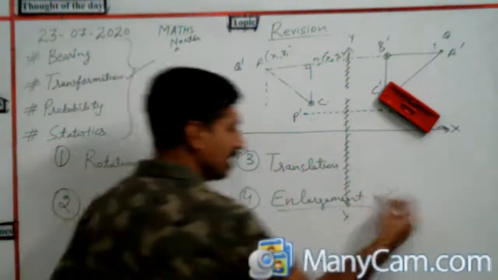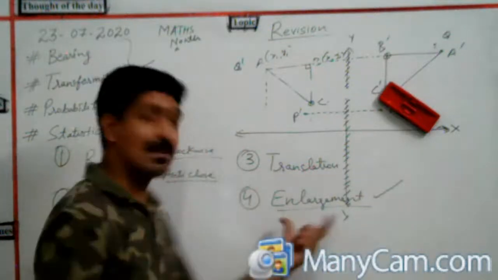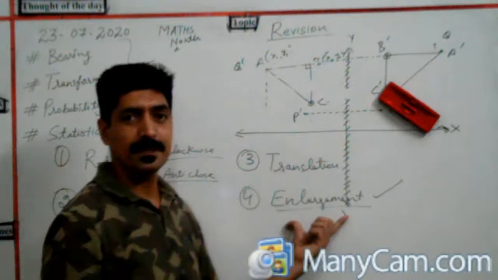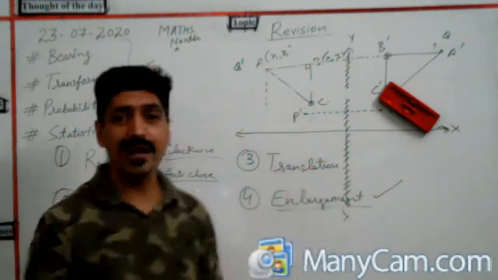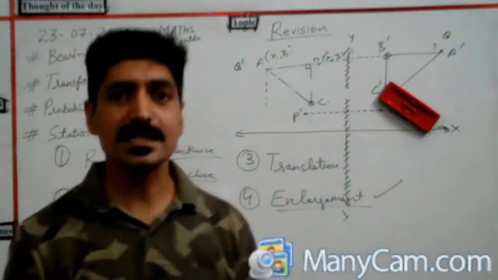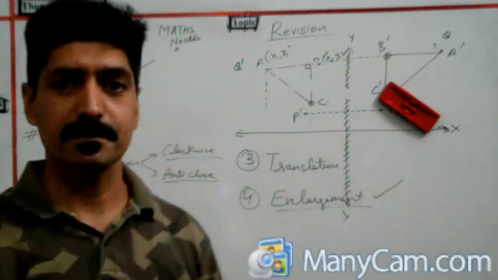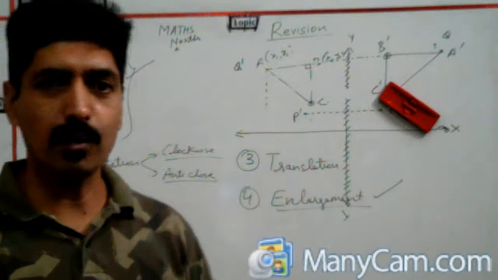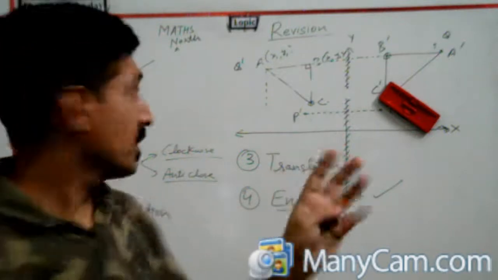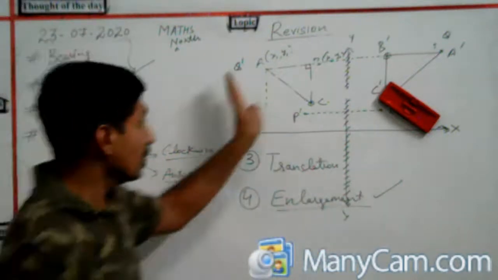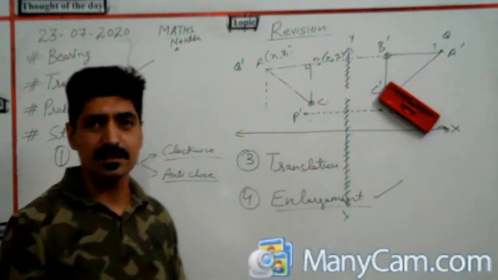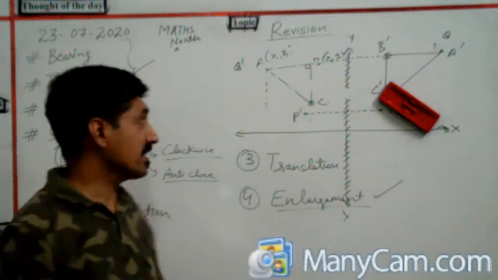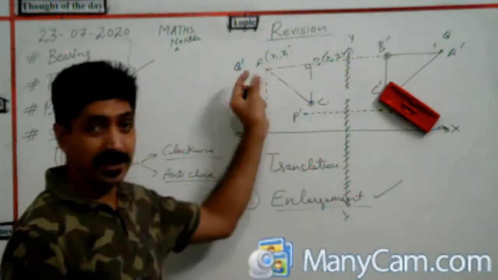In enlargement we will discuss similar things, similarity, scale factor. In translation we should be skilled with vectors. You know how to represent vectors: the vector is from one point A to B.